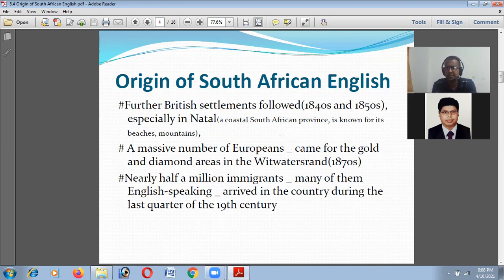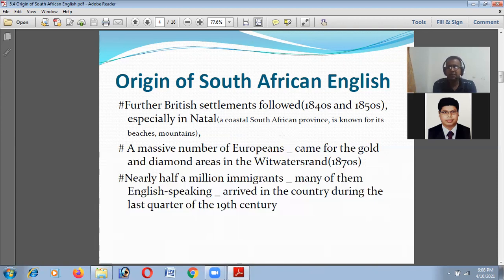Diamond is naturally collected from the sea area, and gold is collected from the mine. Anyway, many Europeans were attracted by the African gold mines and diamonds, and they went there and established their colonies and settlements in the 1870s.